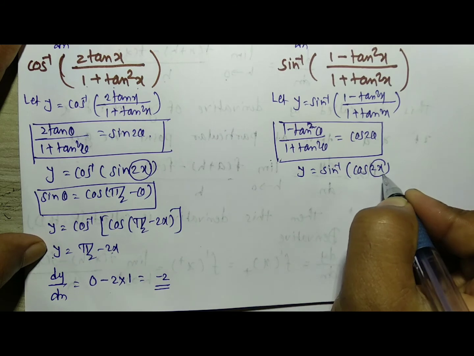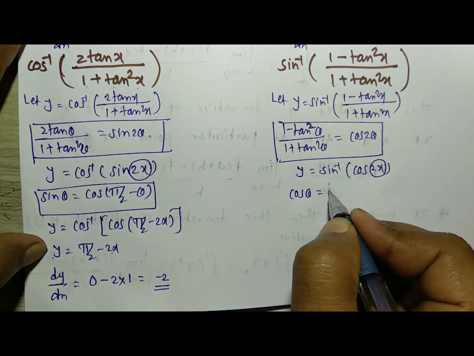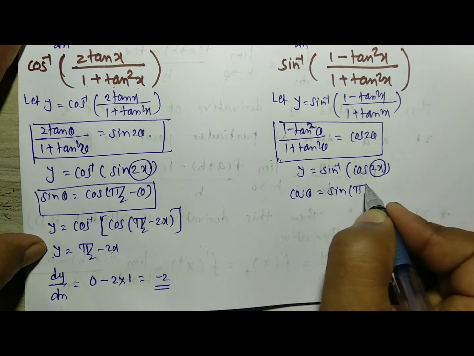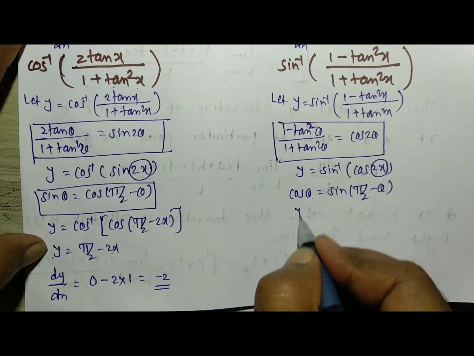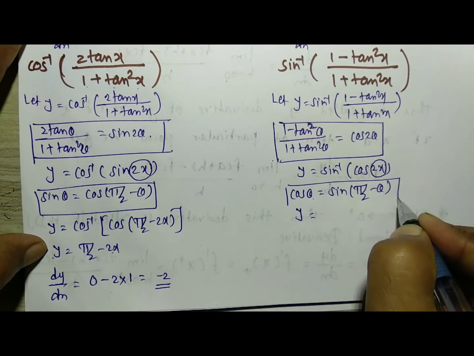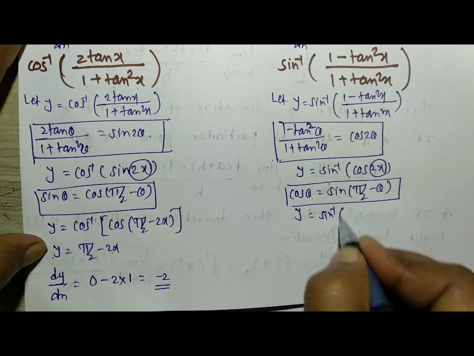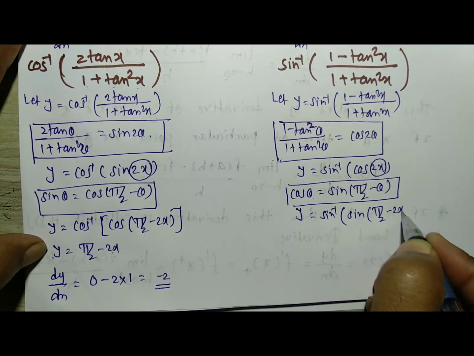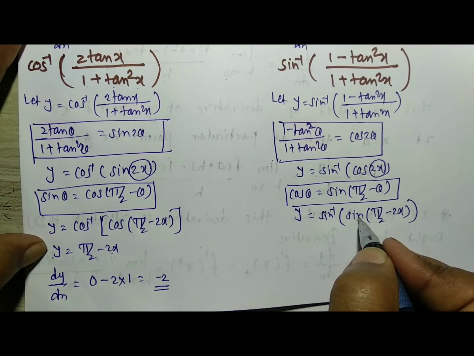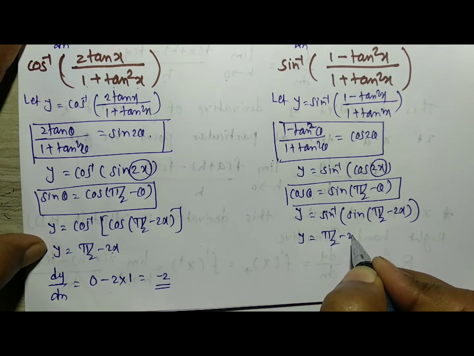Once again 2x works as theta, and therefore cos theta is equal to sine(pi/2 minus theta), and theta is nothing but 2x, and therefore by using this formula y is equal to sine inverse inside the bracket sine(pi/2 minus 2x), and sine inverse and sine cancel each other. y is equal to pi/2 minus 2x.